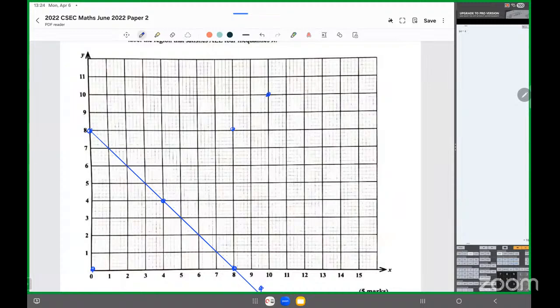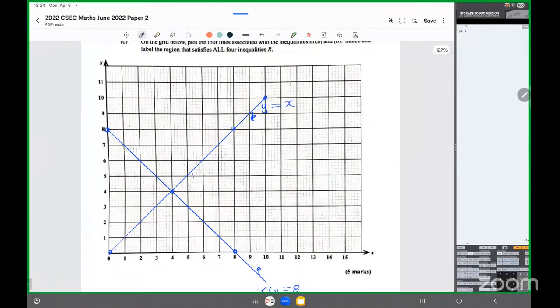Let's draw that line. That's the line y equals x, and I want to go below this line. Put the arrow pointing down. So the region that I want right now is somewhere in here, above this one and below this one. That's what I want.